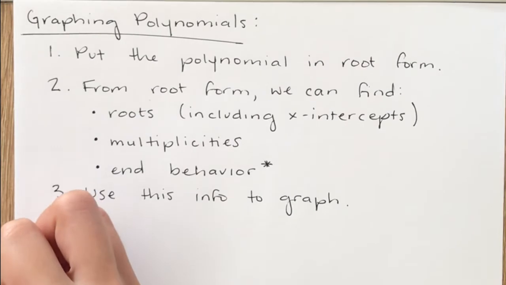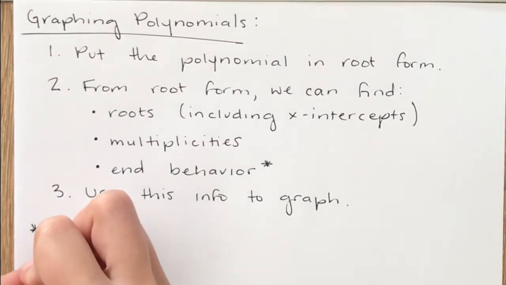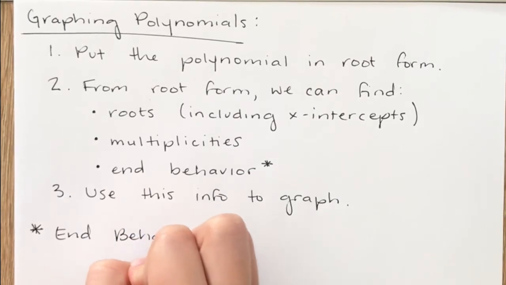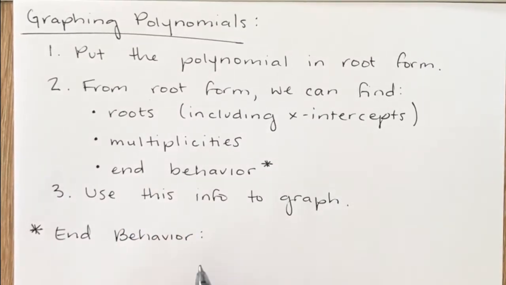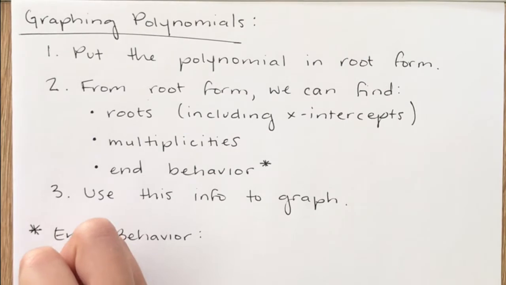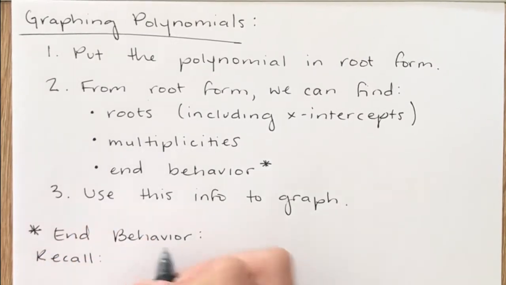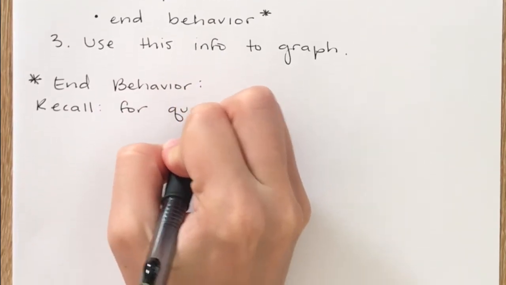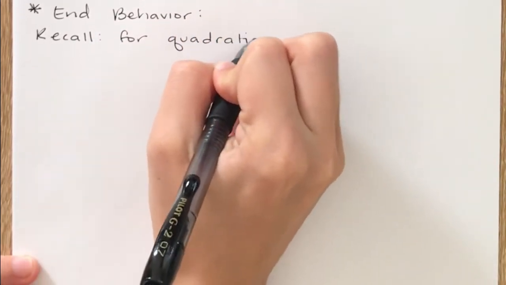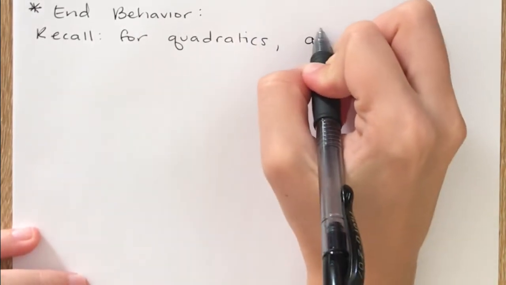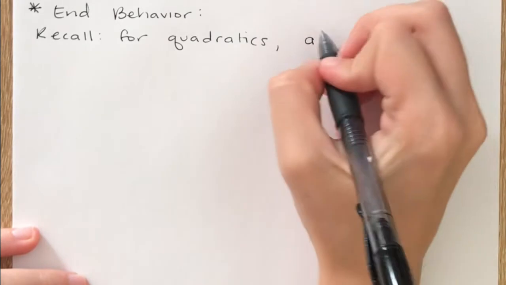So a quick note on end behavior. Let's think about a polynomial that we have found the end behavior for in the past. The polynomials that we've looked at the most so far are quadratics. For quadratics, a, which is what in the context of a quadratic?